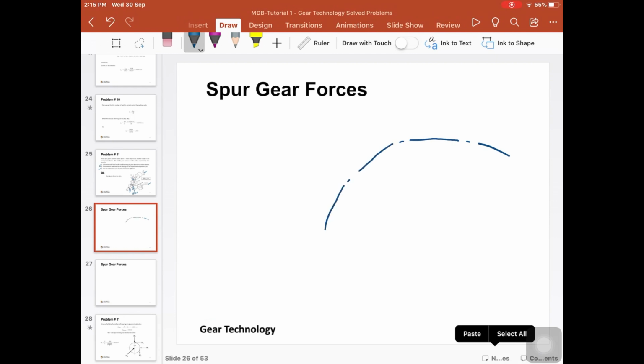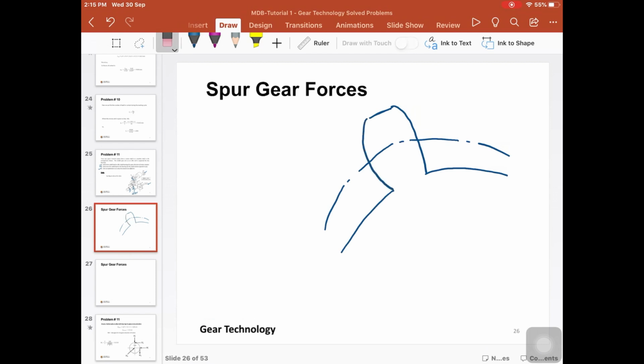So first, let's say we have the pitch circle, right? Then underneath here we have the dedendum circle, and at the top here we have the addendum circle. Let me just get rid of this one. Nicer.